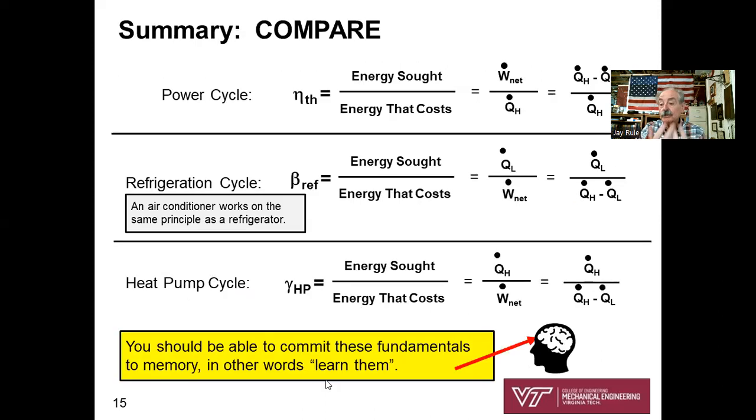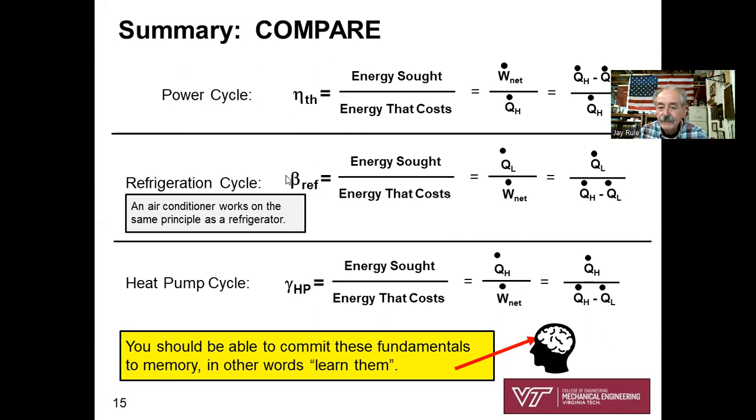Now this is a summary of the previous three slides. For the power cycle, thermal efficiency is the performance measure. For all three, the power cycle, the refrigeration cycle or air conditioner, and the heat pump, the measure of performance is described by energy sought over the energy that costs. You've got to commit this to memory. Power cycle is the Greek letter eta for efficiency.